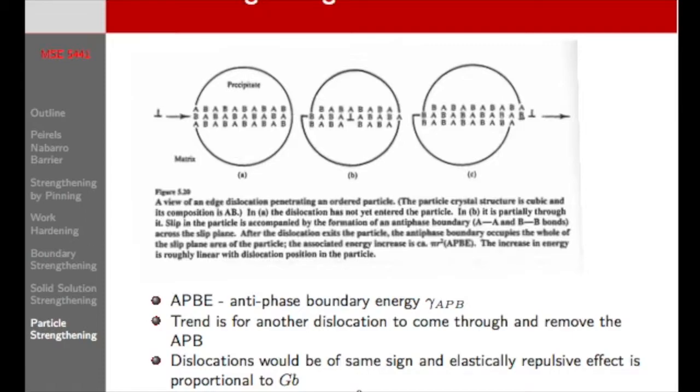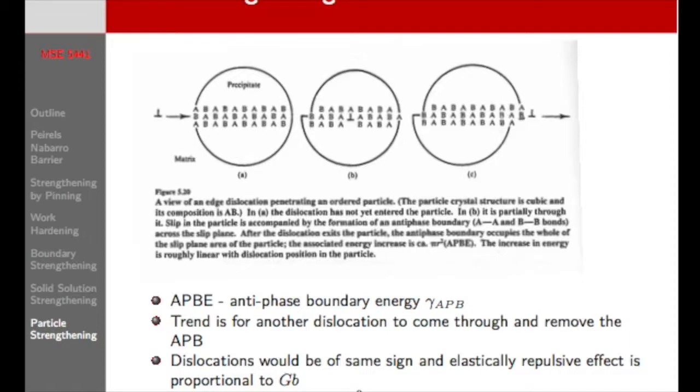But the main idea is whenever we pass a dislocation through, we're going to alter the stacking of our precipitate. And if this is an ordered structure, like gamma prime particles in nickel superalloy, this can have a very high energy penalty associated with it.